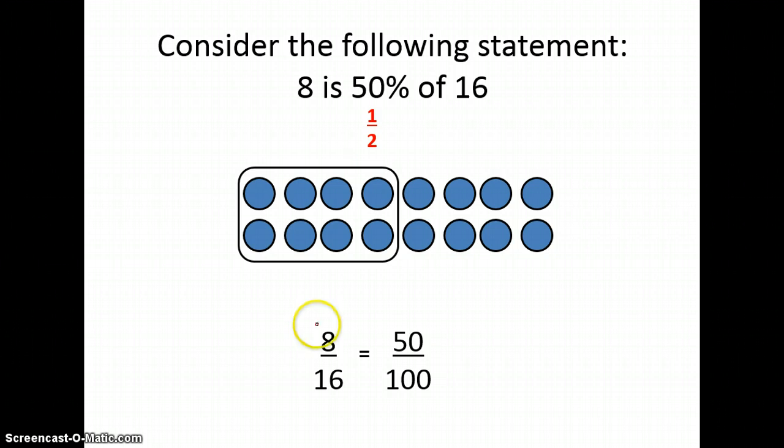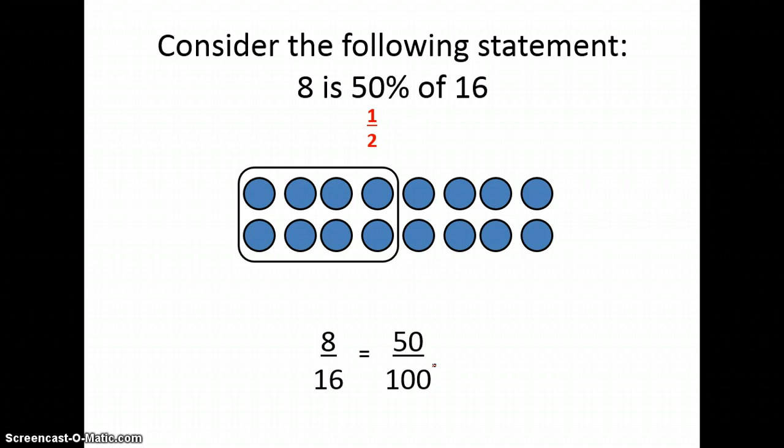So I can write a proportion: 8 over 16, because 8 is the part that I'm using, out of 16, which is the whole, equals 50%. And we know all percents, we talked about this earlier this year, are always out of 100. So 50% out of 100. So 100 will represent our whole for the percent.